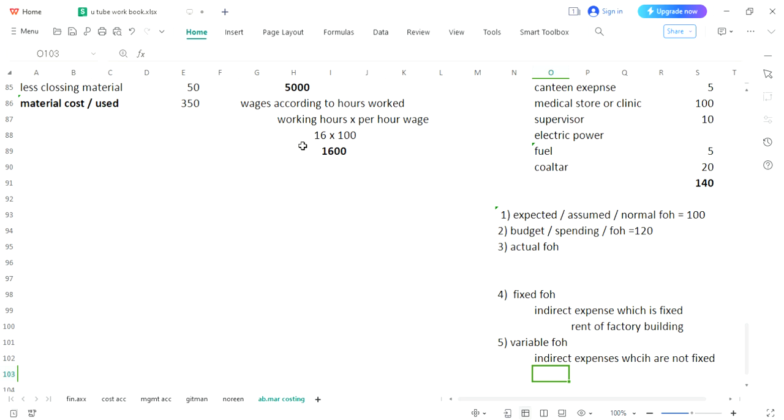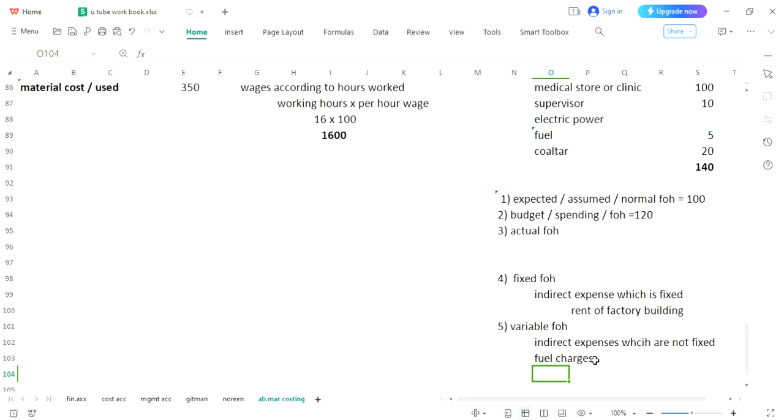But when you increase your level of production, fuel expense will also increase. So if by increasing your level of production your FOH is increasing, or by decreasing your level of production your FOH is decreasing, that would be called your variable FOH. And you can give fuel charges as an example.